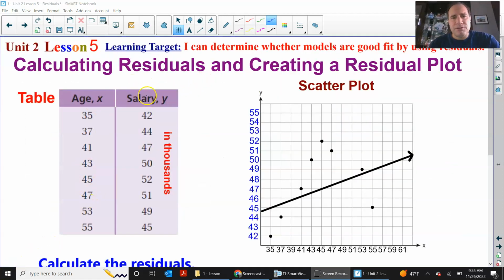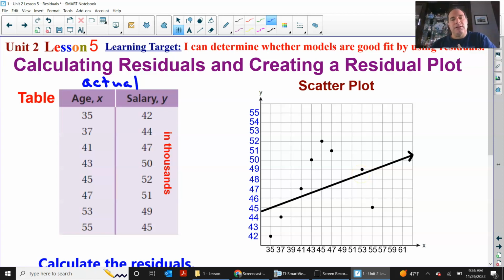This is calculating residuals and creating a residual plot. So these are the actuals. Actual points. So look, 35, 42. 35, 42, right there. 37, 44. 37, 44. And you see what I'm saying. These points are actual points.